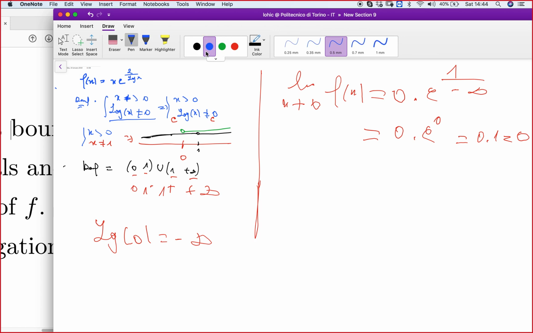Then the next limit, let me use the blue pen, is the limit of f of x when x tends to 1 minus.